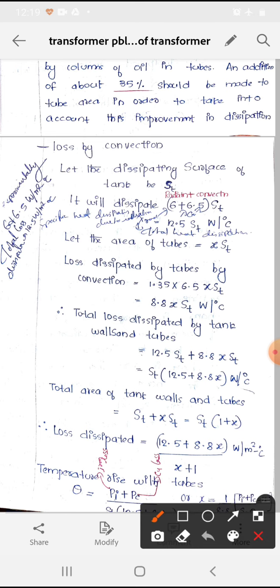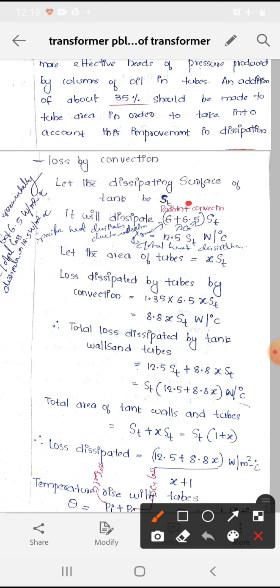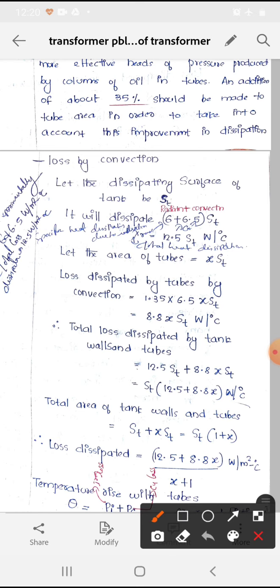Let the area of the tubes be X into ST. Loss dissipated by tubes by convection is equal to 1.35 into 6.5 into X into ST. So 1.35 means if we are providing these tubes, the conduction is improved by 35%, that is 1.35 times.